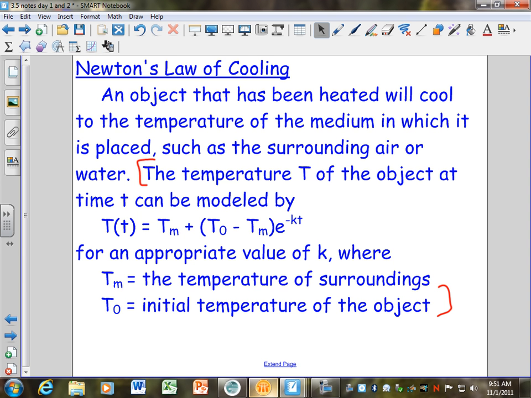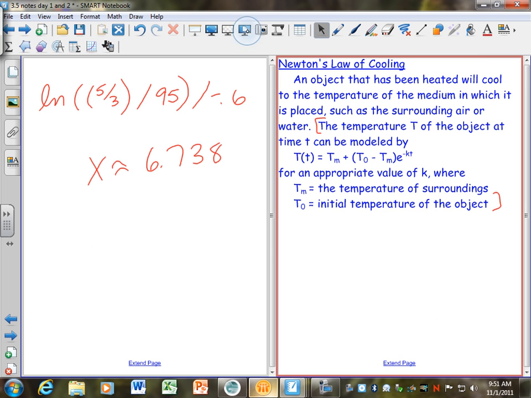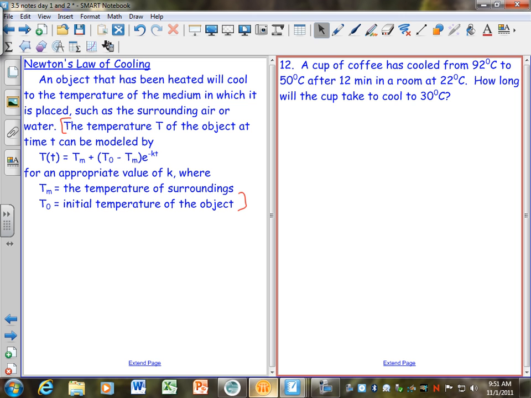Okay, so when they give you a problem, there's going to be a lot of stuff they throw at you. Like the initial temperature is this, and the temperature of the room is this, and it was in there for 7 minutes, and this was the new temperature. So it's really important that we can sort through this problem and solve it. So maybe I'll keep this up and show you the next slide at the same time. Here is a problem that you would use Newton's law of cooling for.